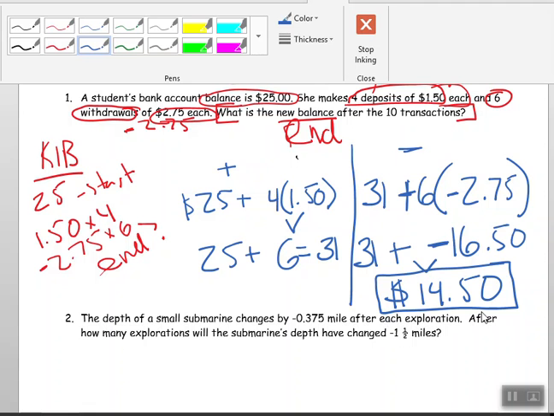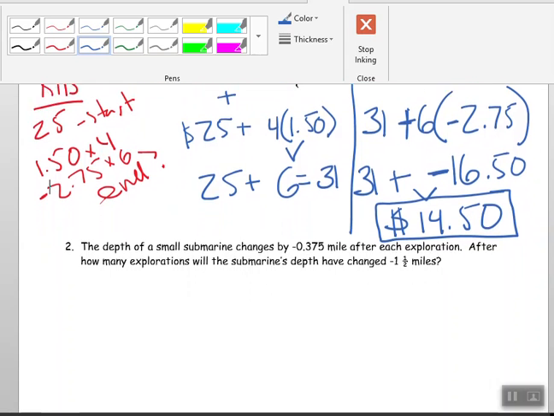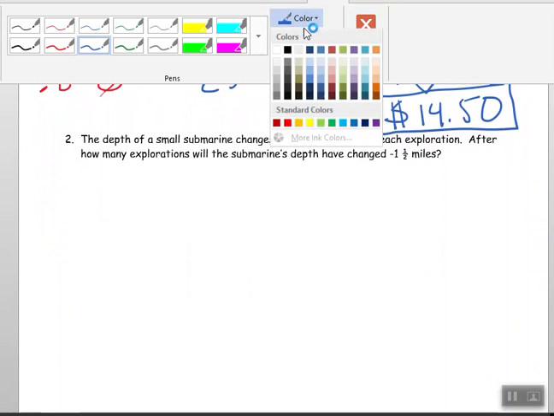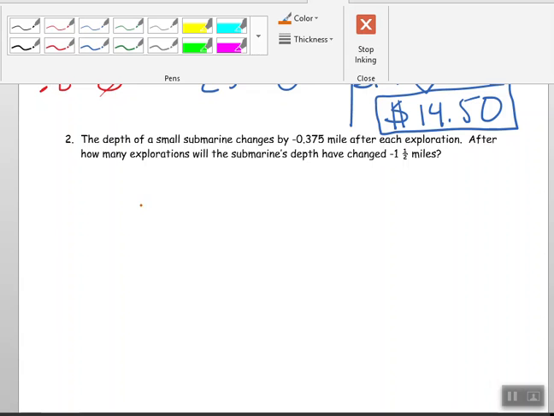All right, let's continue and take a look at number 2 on your do now. Again, if your paper doesn't look like mine, get it there. Let's use orange. The depth of a small submarine changes by negative 0.375 mile after each exploration.